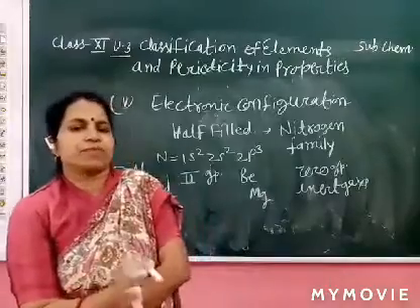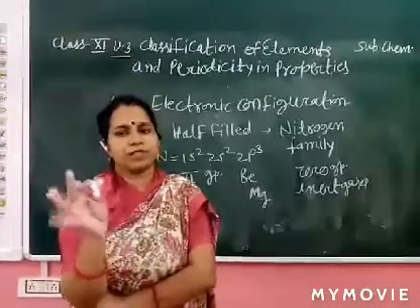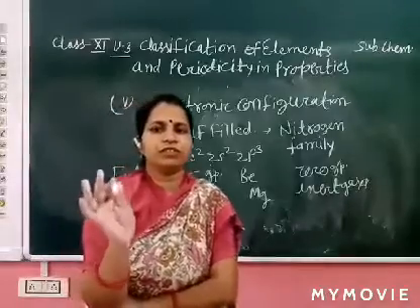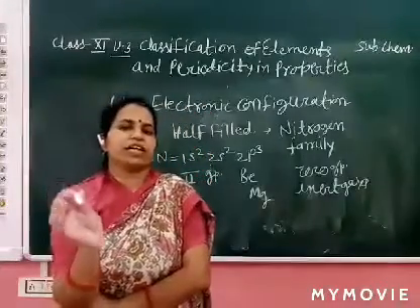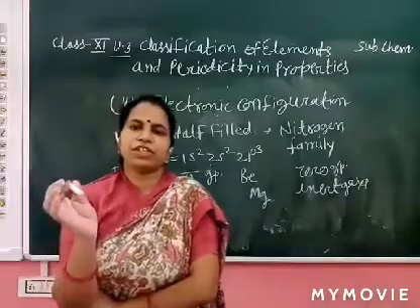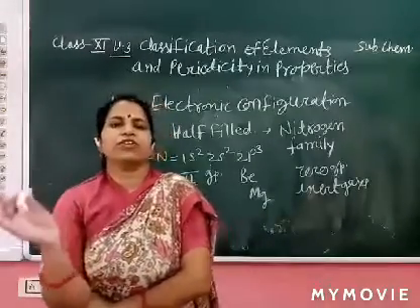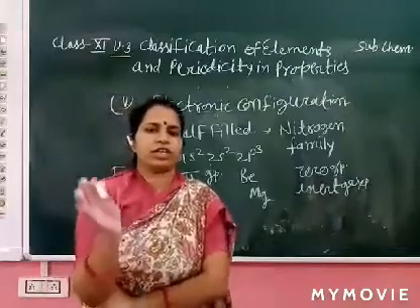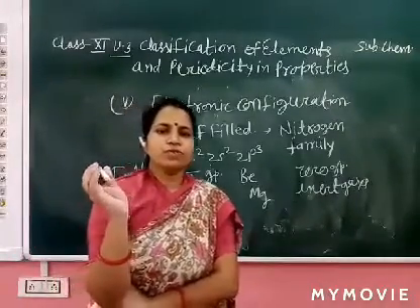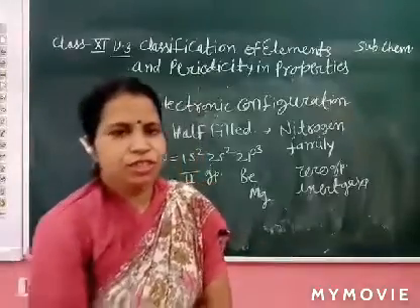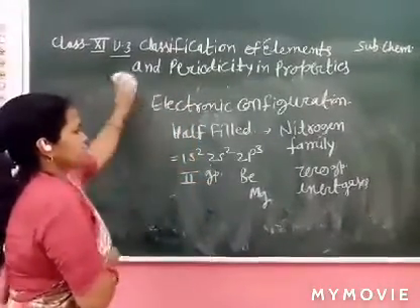This is the exception. We will consider the exceptions one by one. In general, for half-filled and full-filled orbitals, the ionization enthalpy is increased. It is very difficult to remove the electron due to higher nuclear charge, higher Z effective, and higher stability. So electronic configuration also affects the ionization enthalpy.